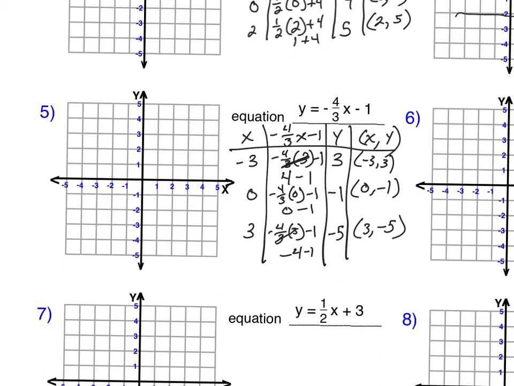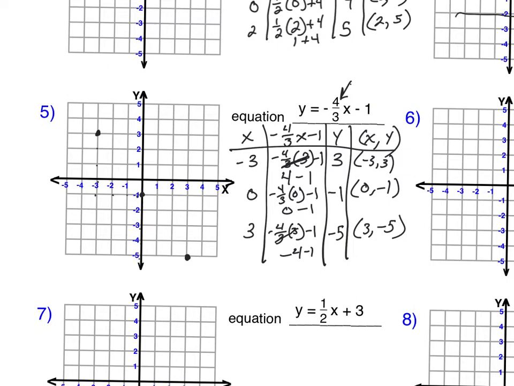And we plot those. -3, up 3. First point is to the left 3, up 3. Then 0, -1. And then right 3, -5. And again, using the slope, if I take a look at the slope, that says I'm going to drop 4 and go to the right 3. So 1, 2, 3, 4, 1, 2, 3.